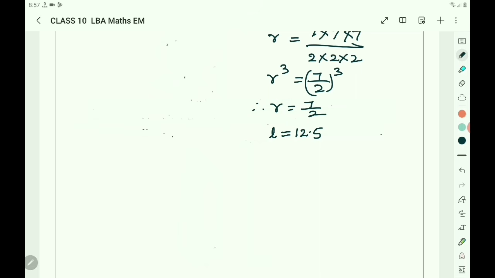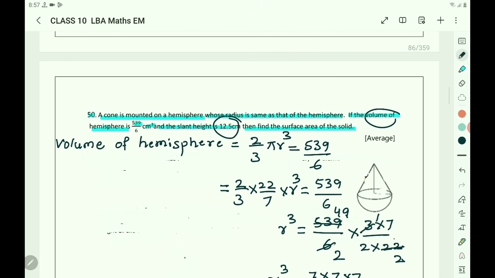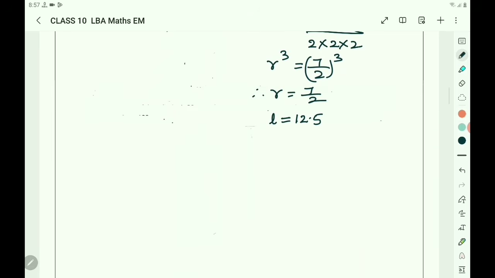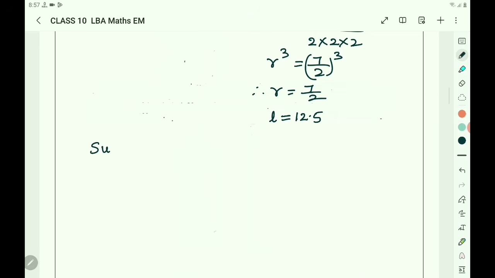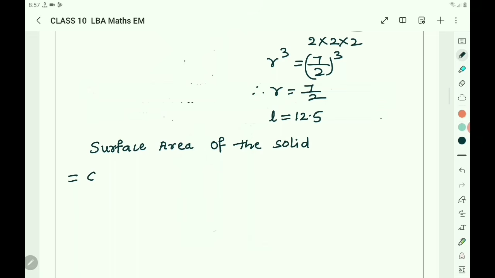Write the formula for the surface area of the solid. Here we have to find out the surface area of the solid. Then you write surface area of the solid equals CSA of hemisphere plus CSA of cone.